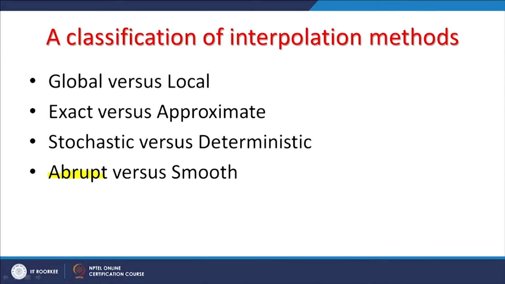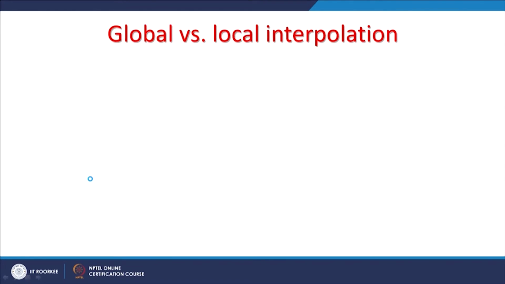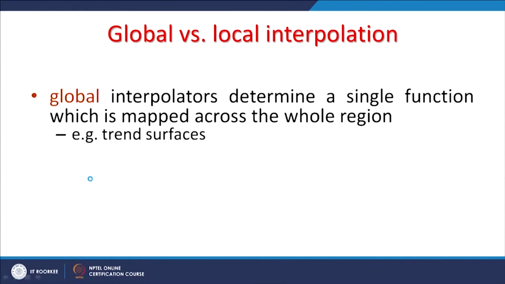So, not all surfaces we create using different interpolation techniques are going to be smooth. There might be some abrupt conditions, and nowadays software has been developed to the extent that we can even incorporate this abruptness. That means we can bring in this extra information, called barriers, and create a more realistic interpolated surface. So, let us take first global versus local interpolation.